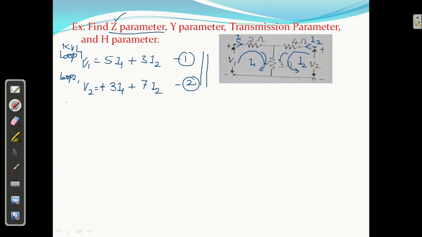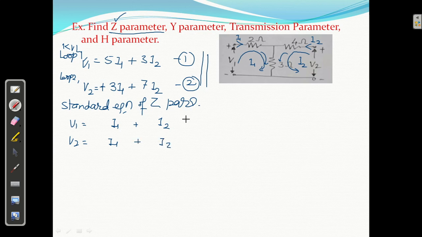Now what is the standard equation of Z parameter? Standard equation of Z parameter. So to compare, you need to know the Z parameter. Yes, V1 and V2 in terms of what? I1 and I2. You have written it like this.